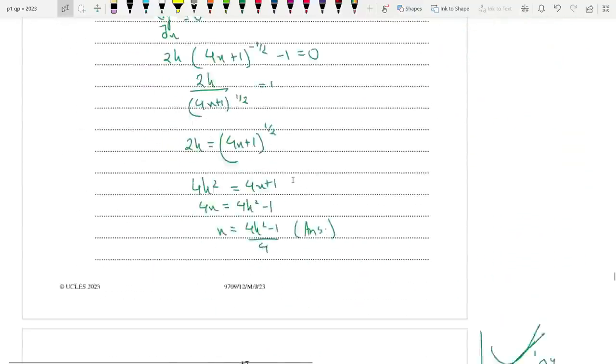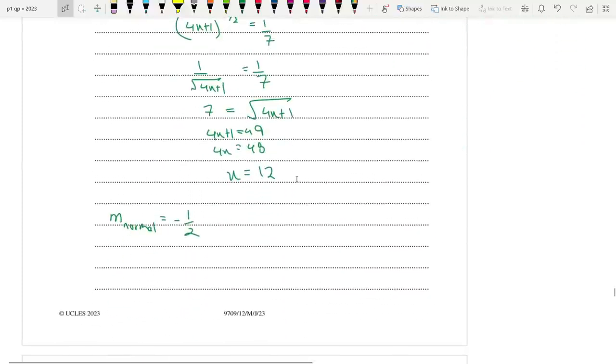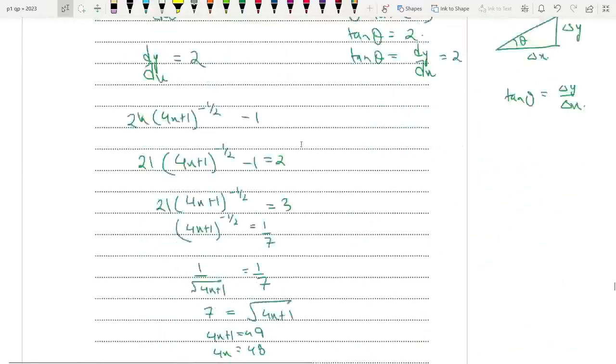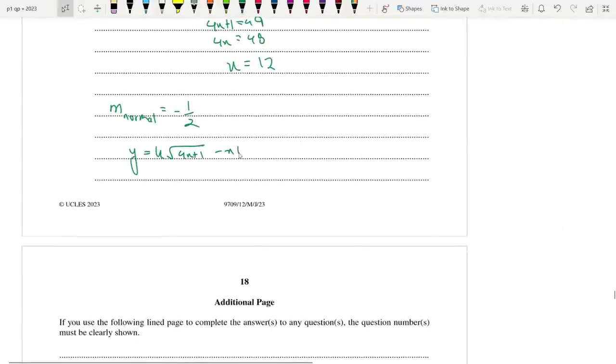Y is equal to k root over 4x plus 1 minus x plus 5. So we end up with y is equal to 10.5 root over 49 minus 12 plus 5. So we end up with 10.5 into 7 minus 12 plus 5, which is 66.5.